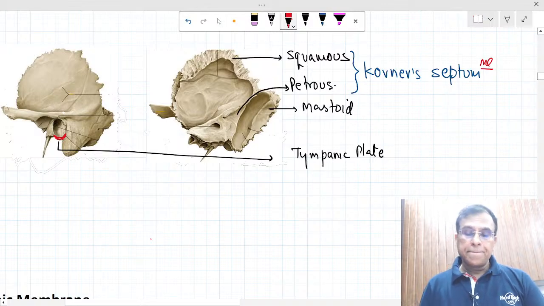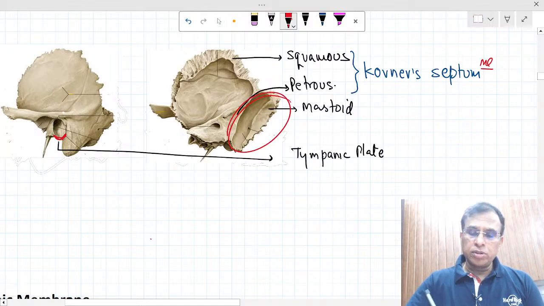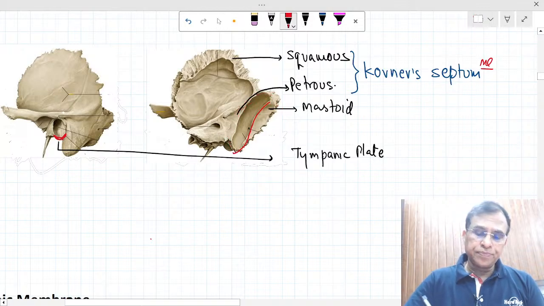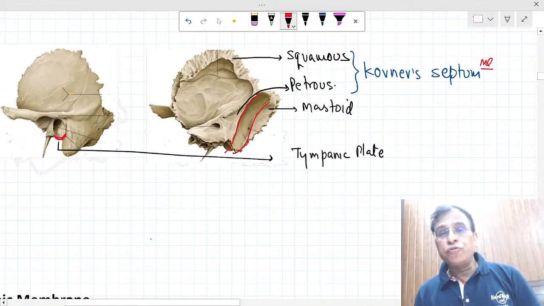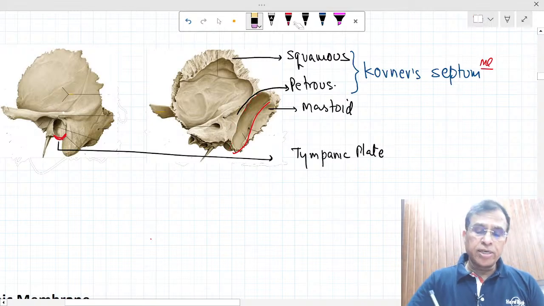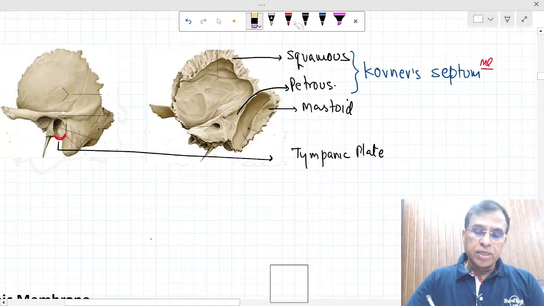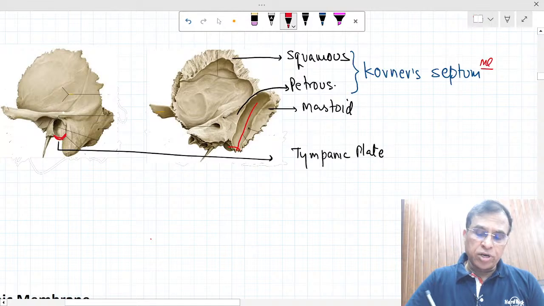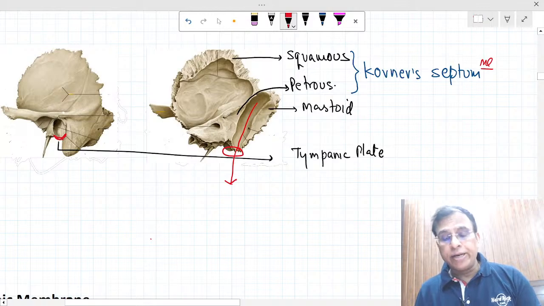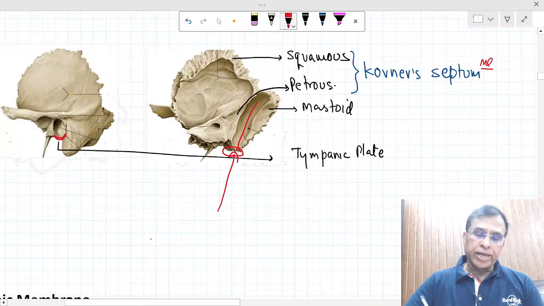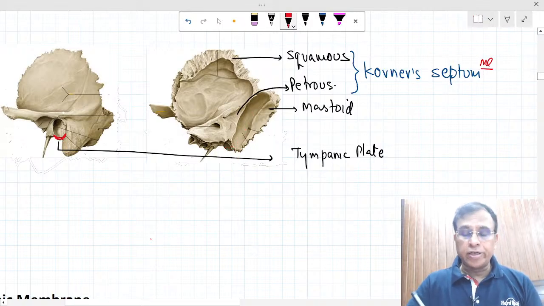Second thing, in the inner part of the mastoid bone, can you see there is an S-shaped groove here? What is this groove for? This groove is for the sigmoid sinus. The sigmoid sinus runs through this groove and then goes out from here, where there is a foramen. It goes out and becomes the internal jugular vein. So when you follow the internal jugular vein backwards and go inside the foramen, it becomes the sigmoid sinus and other sinuses around there.